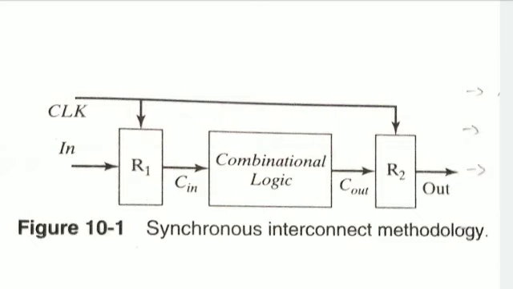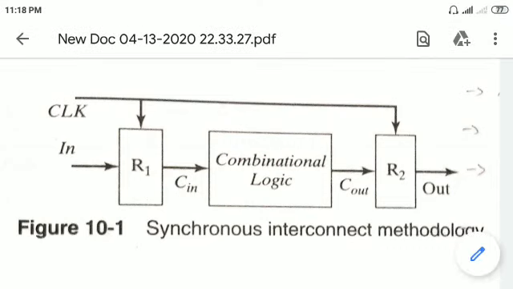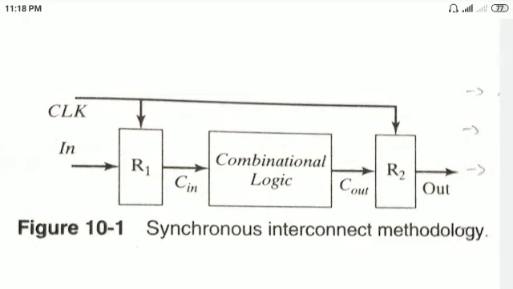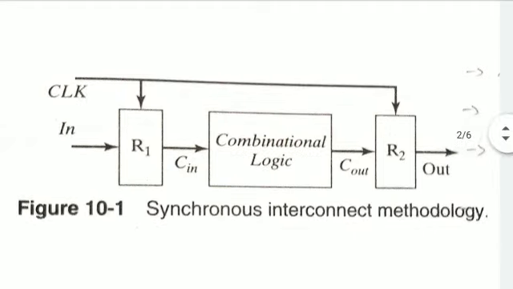If the clock and the data can be sampled directly without any uncertainty, in digital logic design, synchronous systems are the most straightforward type of interconnect. The flow of data in such circuits proceeds in lockstep with the system clock as shown in this particular figure.